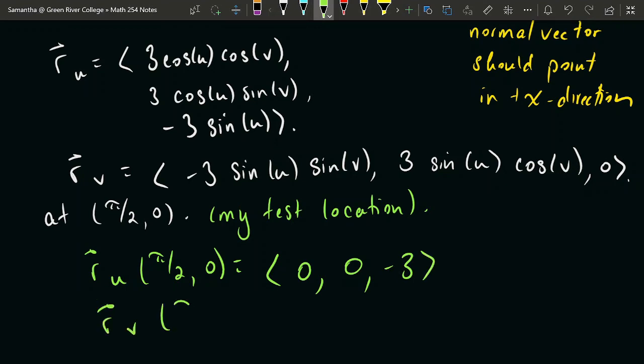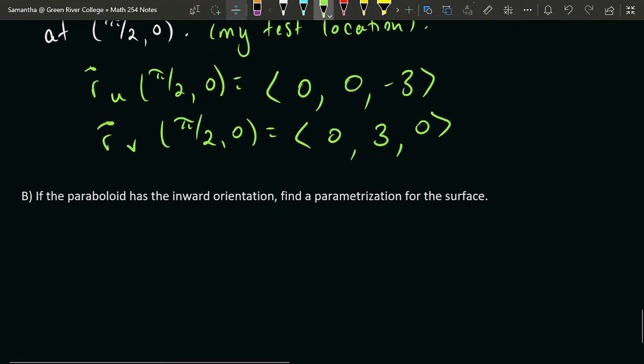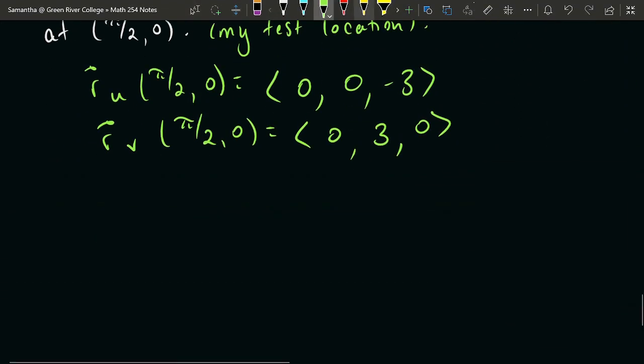R sub v at that test location will become 0 from that sine of v, 3, and 0 again. So now let's load them into a cross product and check and see if we get the correct normal vector.